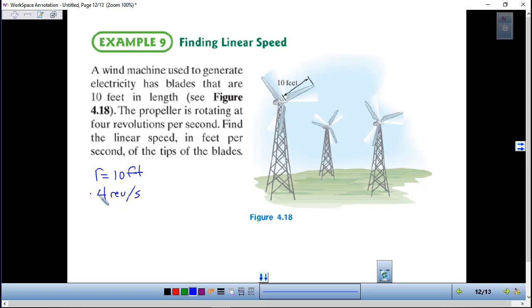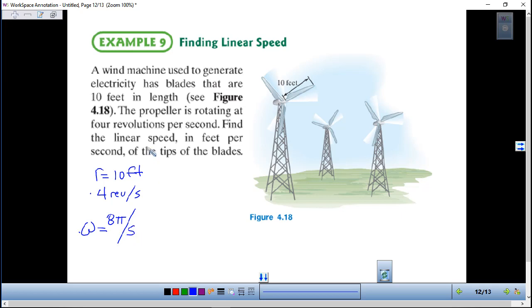Now, if we know that we've got 4 revolutions per second, each revolution is what? 2 pi. So we have 8 pi per second. And what is that? Well, that's our angular speed, so that's our omega.